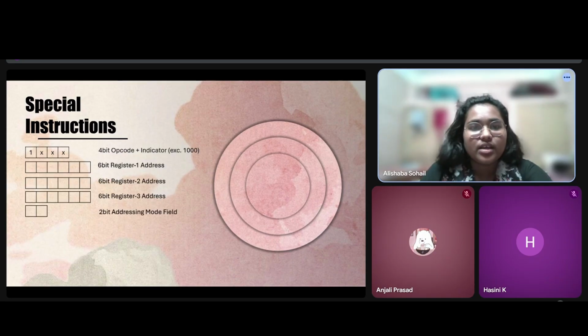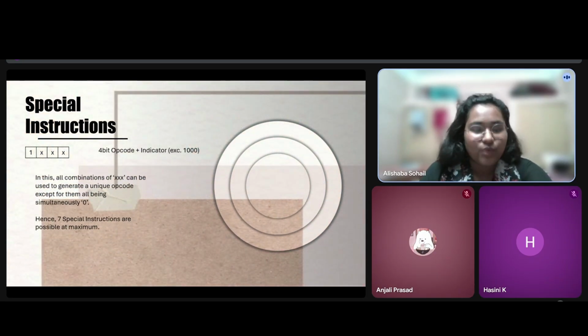Moving on, we have 3 bits of X, X, and X. We can use this to generate unique opcodes without them all being simultaneously 0, because, as I said, we have used a particular indicator for memory instructions. We can't have that in a special instruction. So excluding that, because each X can have 2 possibilities, we have 8 combinations, and because we cannot use 1 and 000, we have 7 special instructions at the possible maximum.